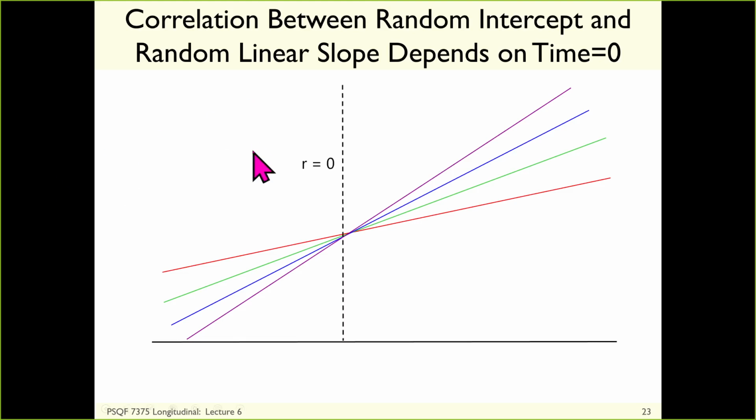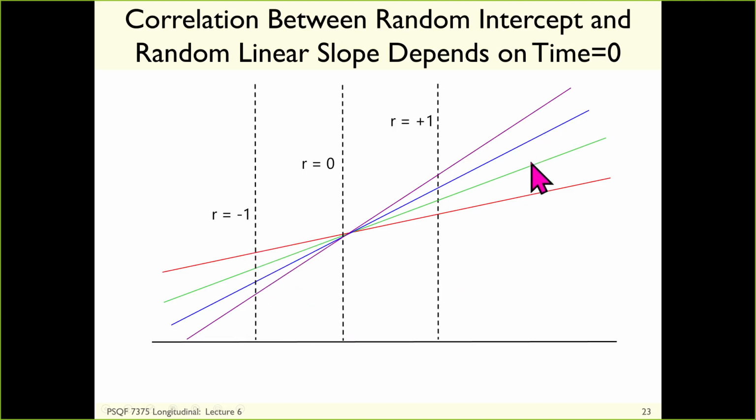So if I have a function that looks like this, if I take the intercept at this point, where people pretty much have the same predicted value, there would be 0 correlation between their predicted value at this point and their subsequent rate of change. If I put time 0 back here, now I have a perfect negative correlation because people who are the highest at this occasion grow the slowest.